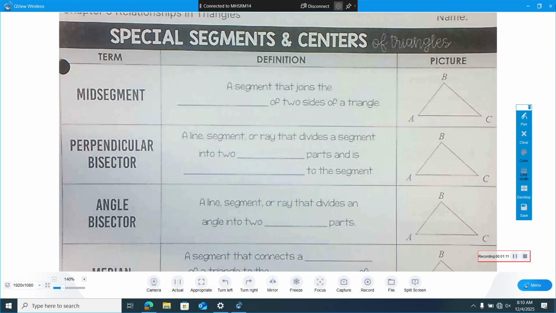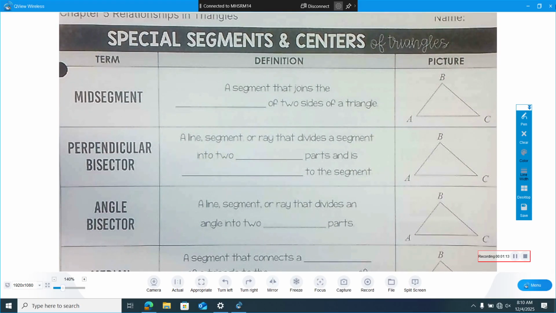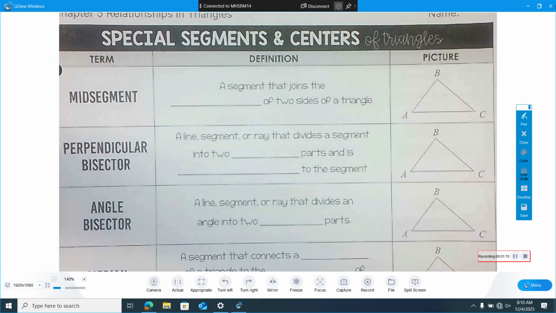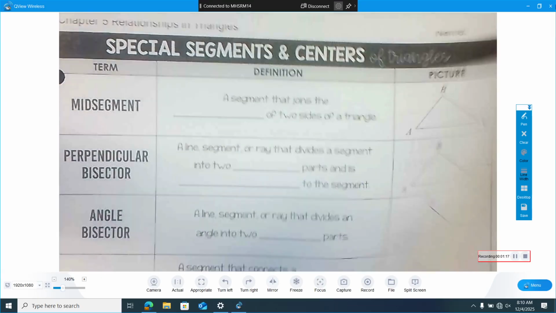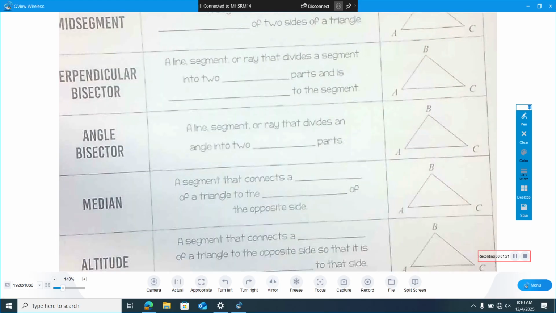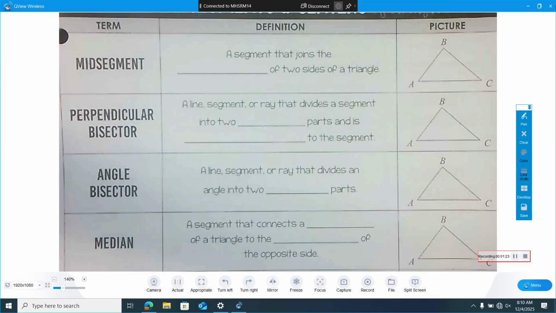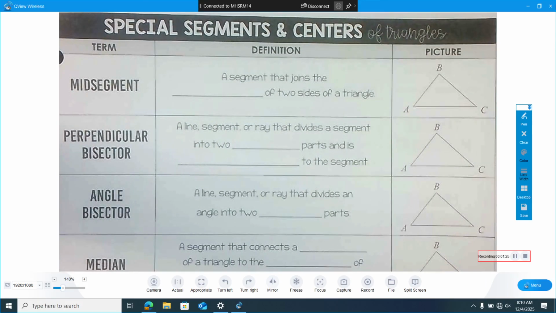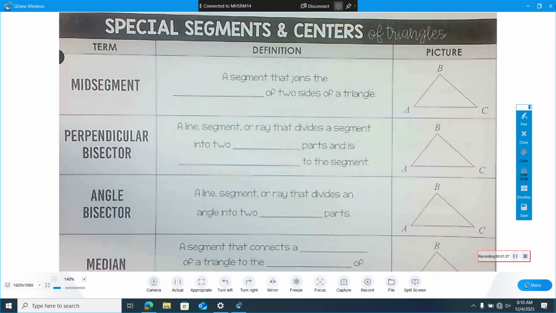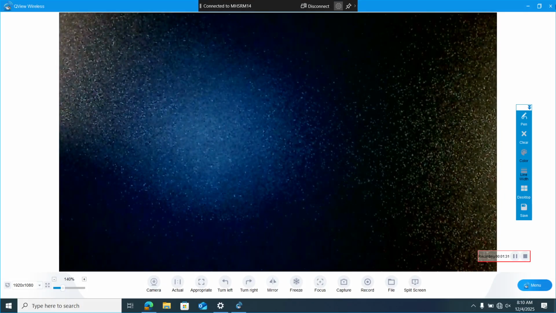We're going to do some more constructions as well, by hand, but on the computer as well. This first page is all the vocabulary we're going to be learning, and this is something we'll fill out as we go. Today we're going to learn about the mid-segment. So turn the page.